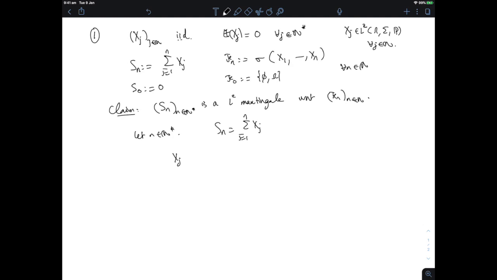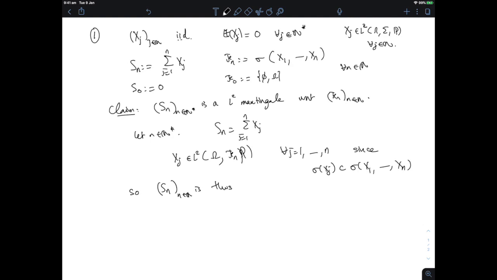So xj is Fn measurable for all j equal to 1 to n, since the sigma algebra generated by xj is included in the sigma algebra generated obviously by all the xk up to xn for all j between 1 and n. So Sn is therefore adapted to the filtration Fn. Okay, that's good.